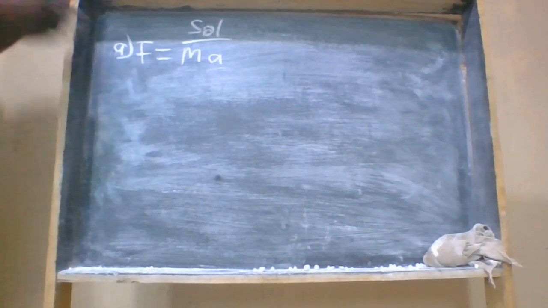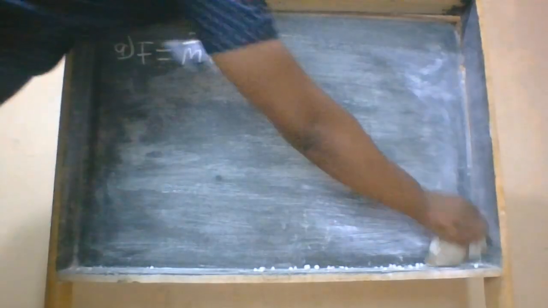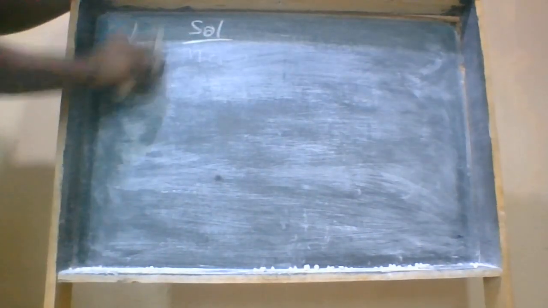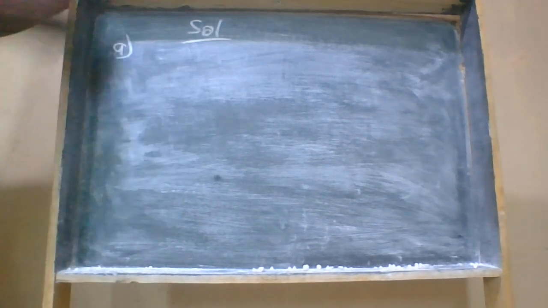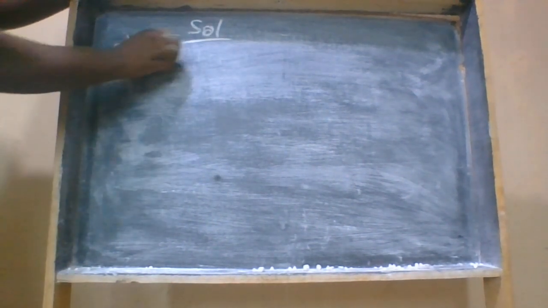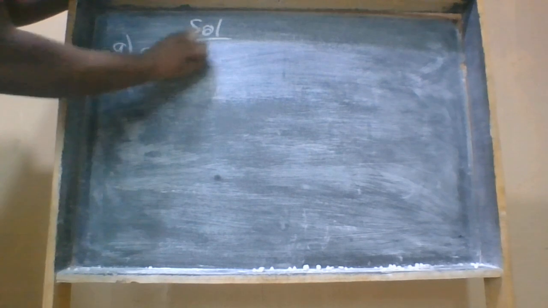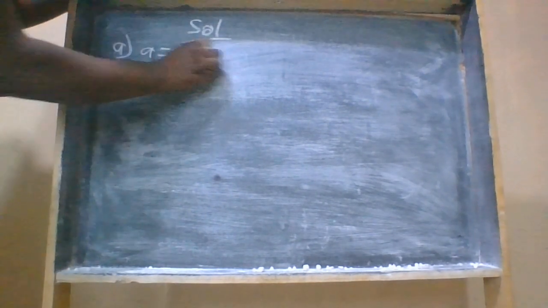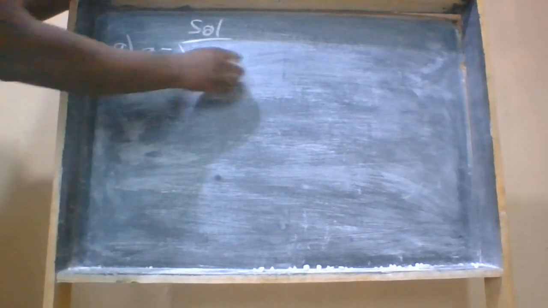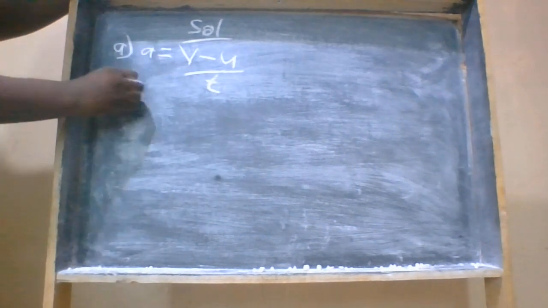So since you have been asked to calculate acceleration here, we'll go straight away to use the formula for acceleration: acceleration is equal to v, the final velocity, minus u, the initial velocity, over the time that you have been given.